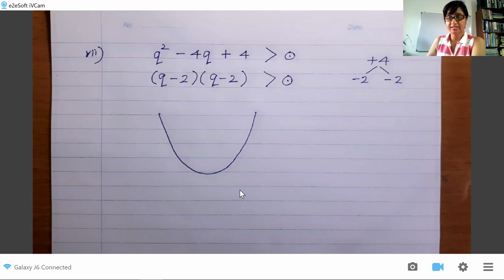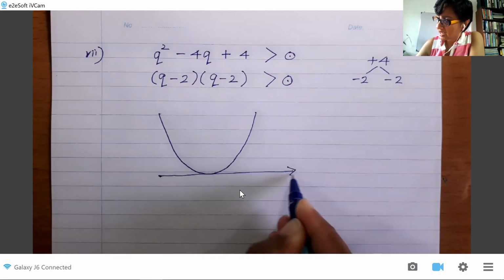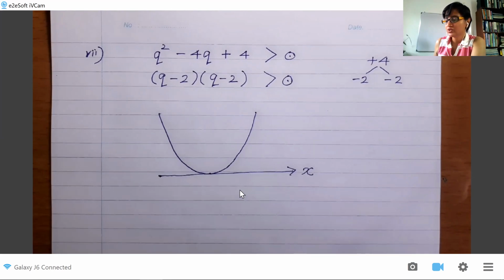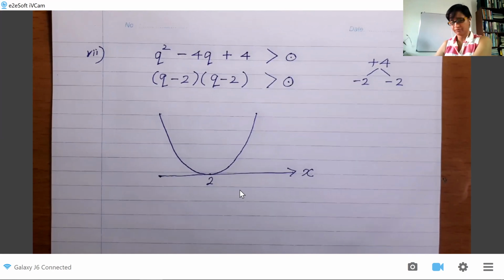And your x-axis is not crossing through it, it's just like that, touching only at one point, which is 2. Right, okay, so far so good. Now what do I have to think? What are they asking me?